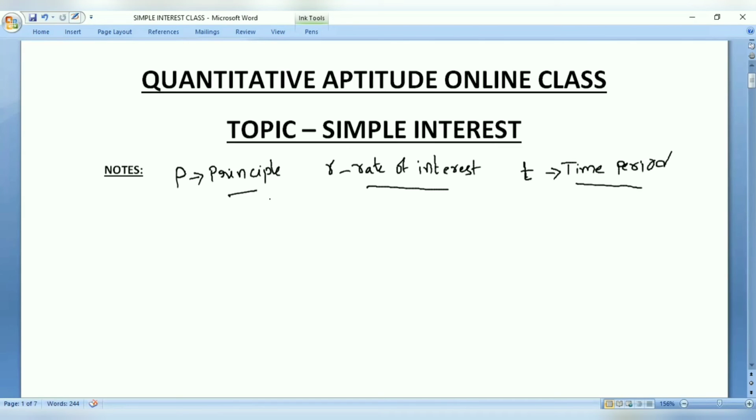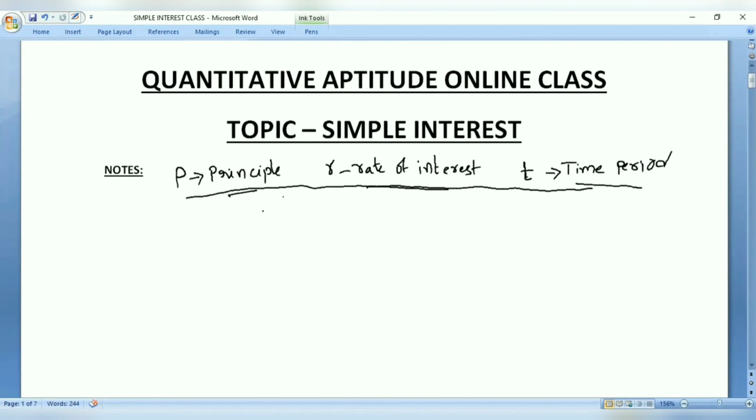When you combine all these concepts, what you get is simply some interest. Finally, if somebody asks what is the amount that has been received for the amount you have given, we add the interest to the principal, and that will become the final amount.